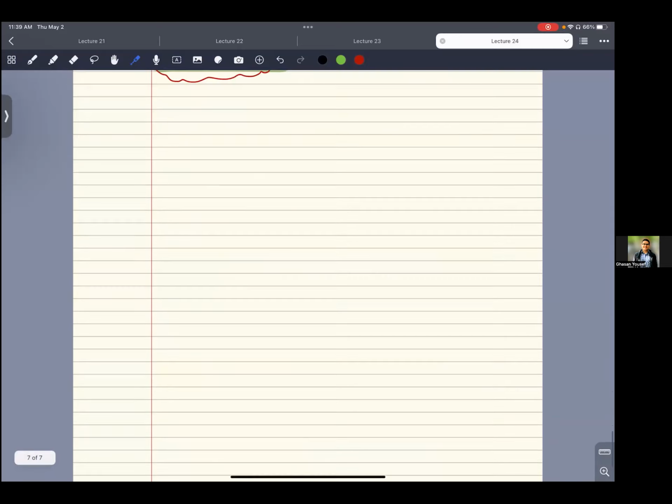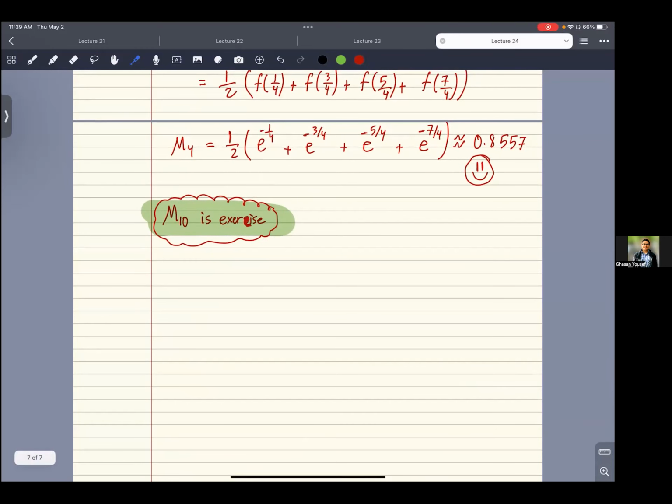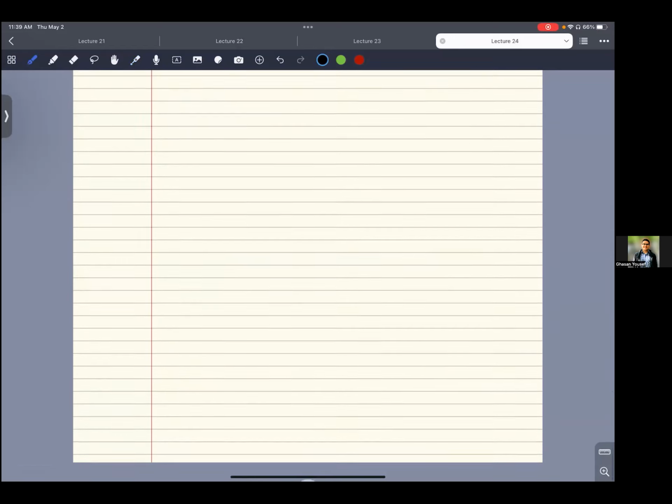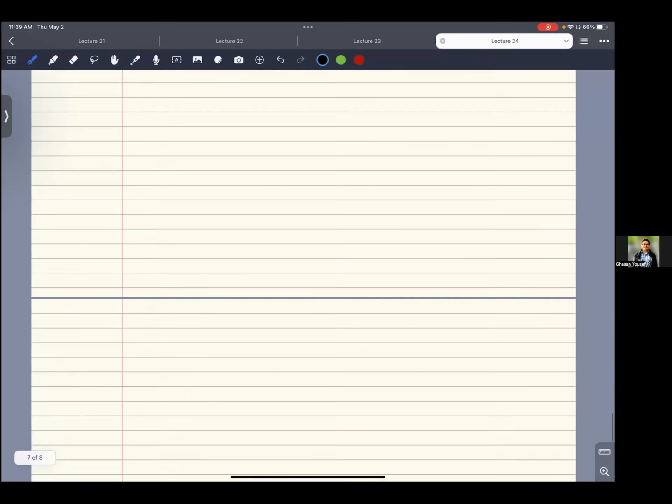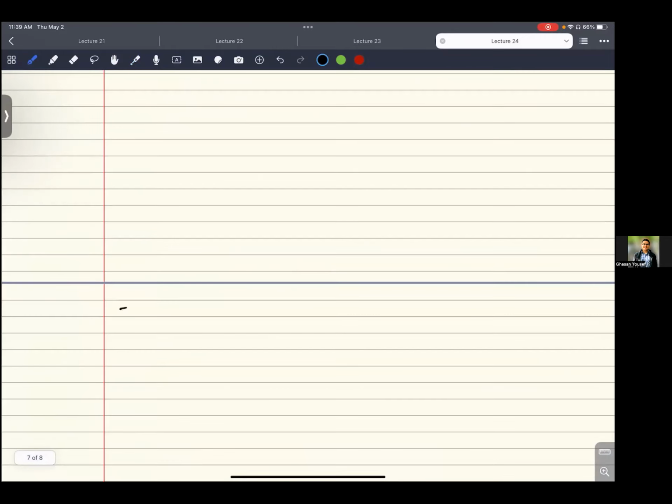So the definite integral means the limit of R_n or the limit of L_n, doesn't matter, when n goes to infinity. Starting the new section here, 5.2, there is nothing new compared to the previous section. 5.2 is called the definite integral.